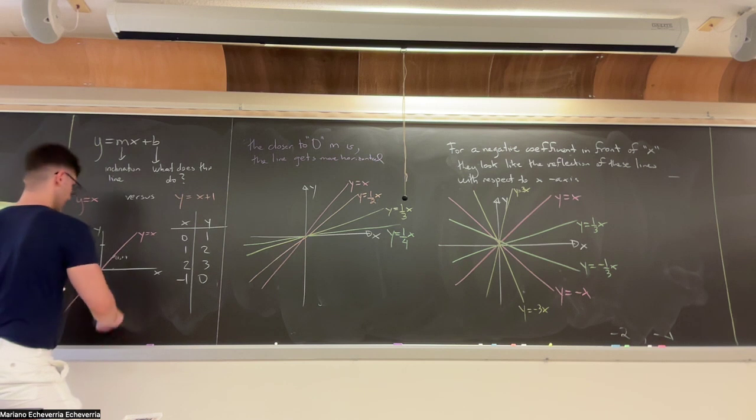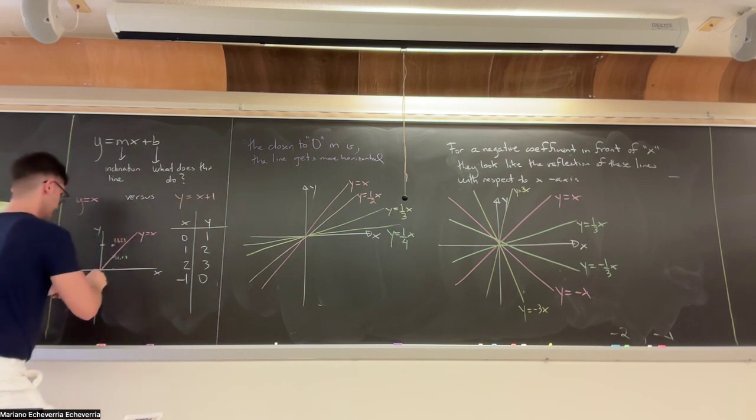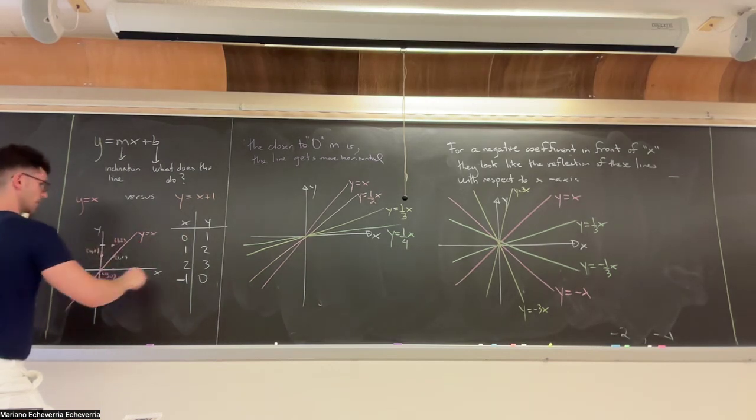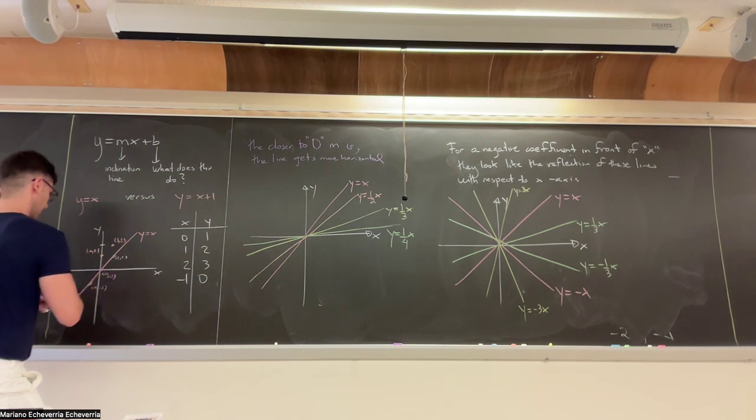For this line, the point 0, 0. For this line, now this one is 0, 1. If this is negative 1, negative 1, this one is now negative 1, 0.